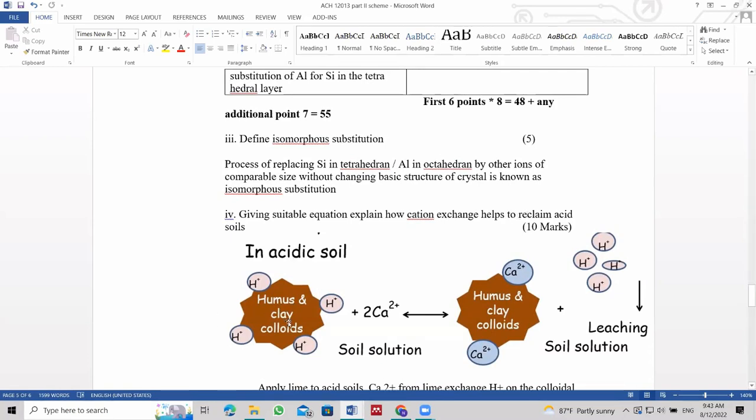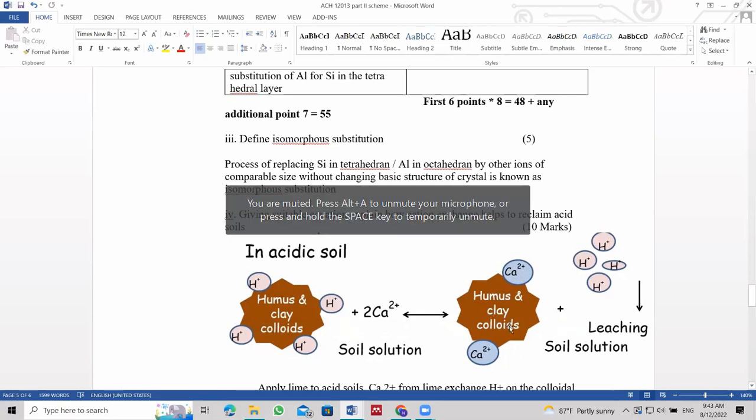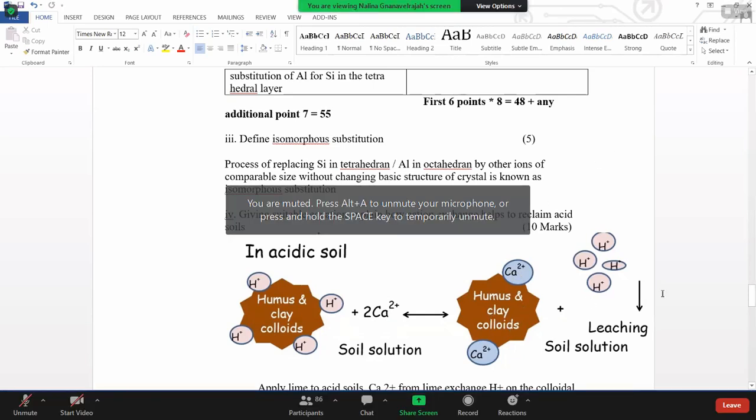So this is the example: acid soil, hydrogen saturated colloid. You apply lime, calcium is there, and hydrogen is moved to the soil solution, and calcium is attached to the colloid. Okay, then you have to leach.